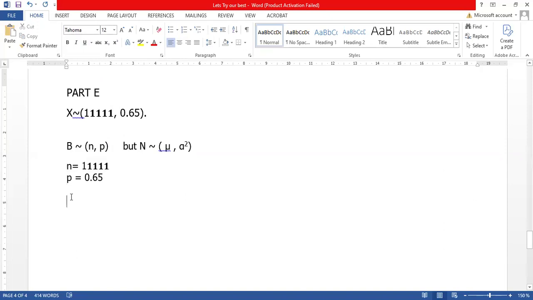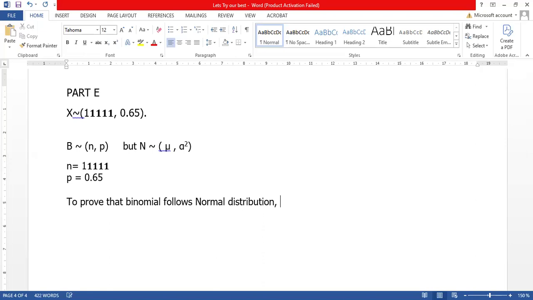So from this, we want to prove that indeed it follows a normal distribution. To prove that binomial follows normal distribution, we have two conditions.